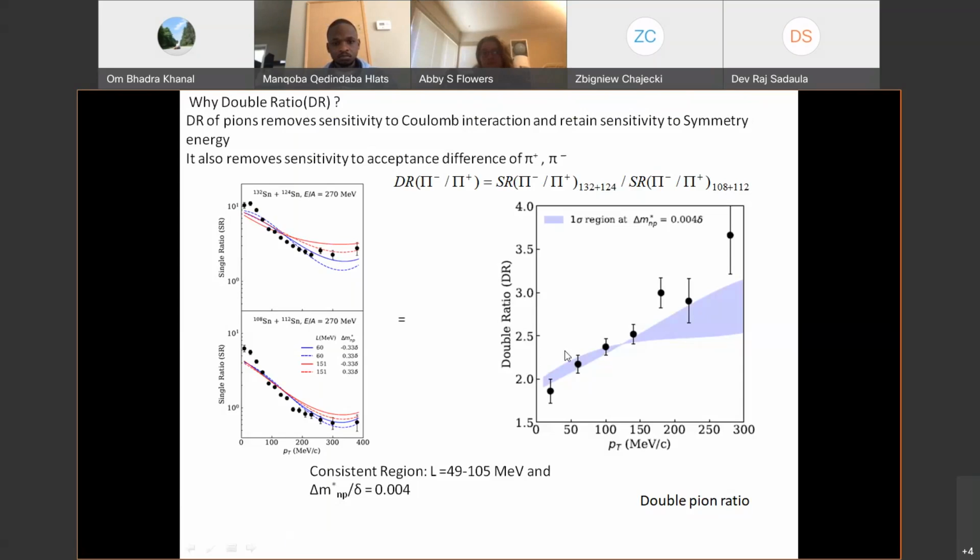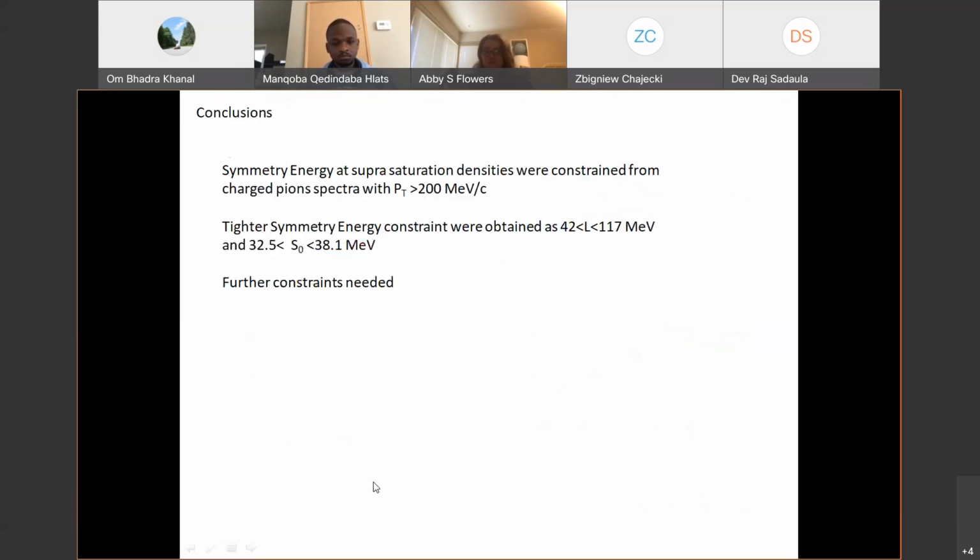Now focusing on this curve, if you look, the consistent region lies within this. So in this consistent region, we get the value of L, that means the slope of the symmetry energy curve, to be this, and effective mass to be this. So we talked about the experiment, the collision, and then pions were the observable, right?